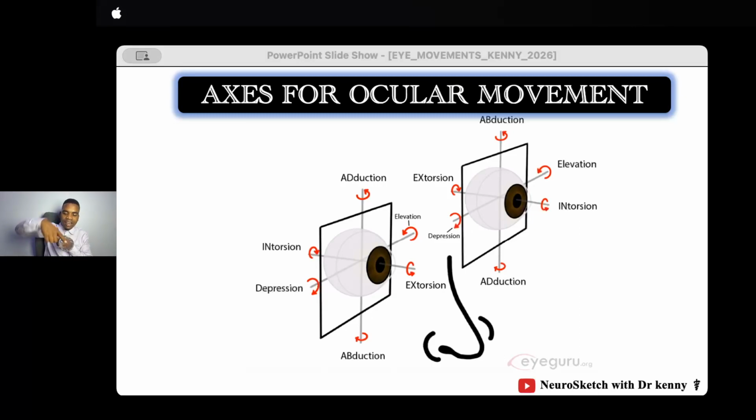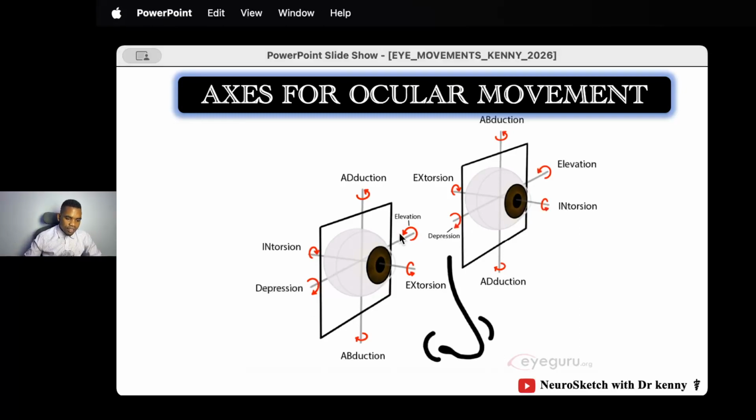Through the vertical axis, your eye can rotate either medially or laterally. When the eye is rotating medially through the vertical axis, it is called medial rotation, or adduction. And when the eye is rotating laterally through the vertical axis, it is called abduction.